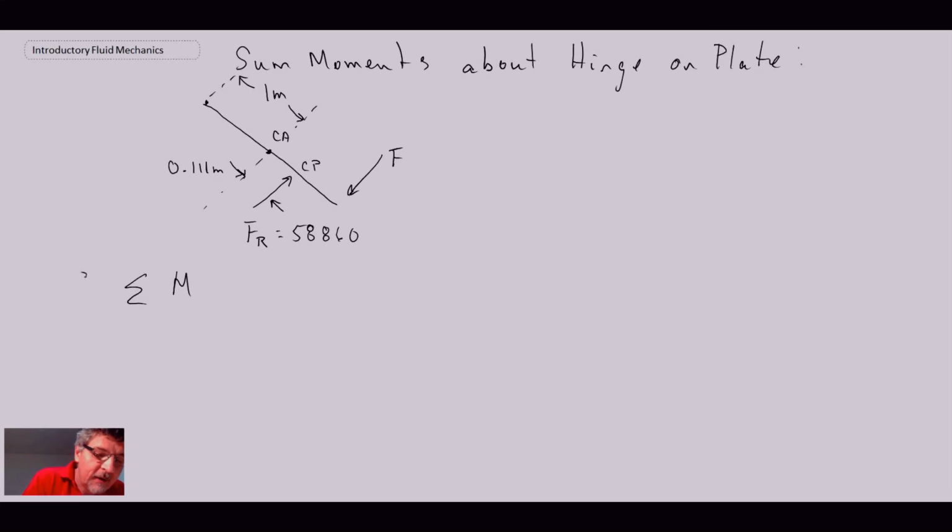What I'm going to do, I'm going to do positive for being counterclockwise this time. Remember in statics, just as long as you're consistent, that's the main thing. So if we're looking counterclockwise as being positive, that means that FR is going to generate a positive moment. And how far away is it from H, the point where we're summing? It's 1 plus 0.111.